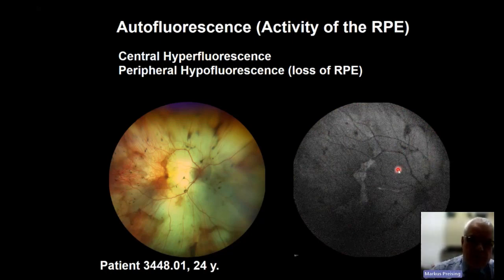The autofluorescent areas shine more strongly and may appear hyperfluorescent, but in fact, this is only the standard fluorescence you have in the remnants of the retinal pigment epithelium in these areas.